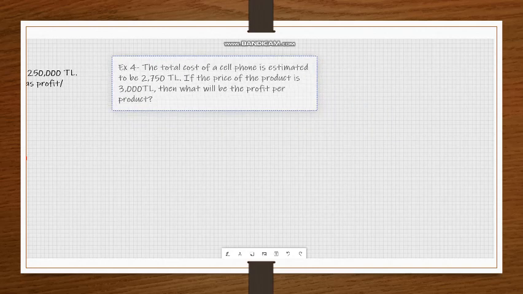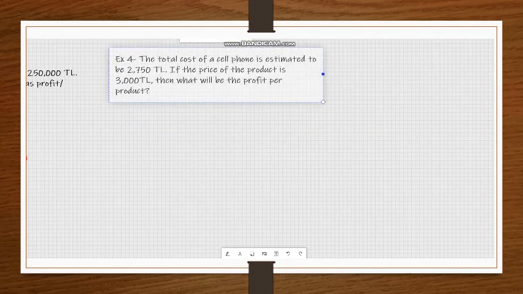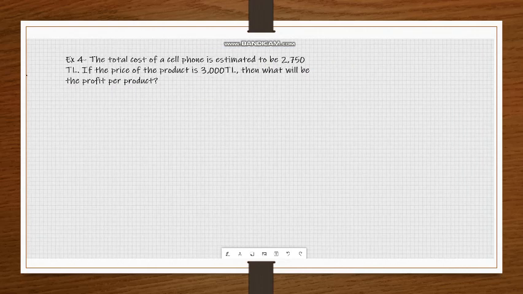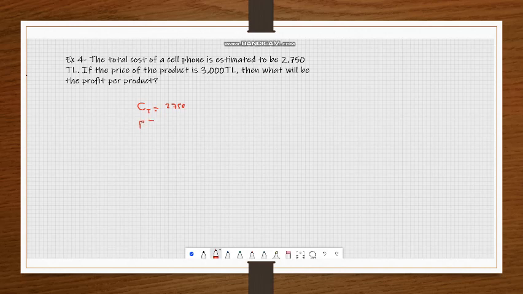So we are asking right now the profit. Let's see again the given. What is given here is the total cost, 2,750, and the price of the product, also given as 3,000.